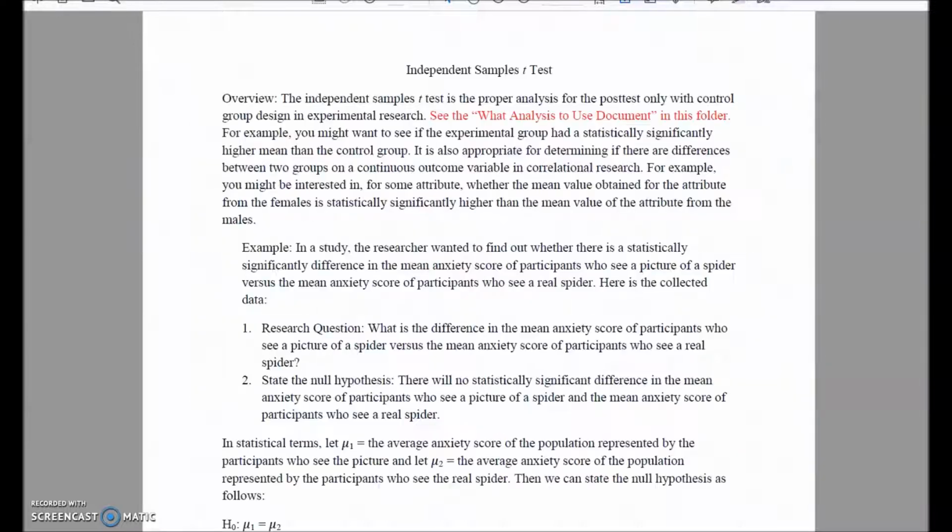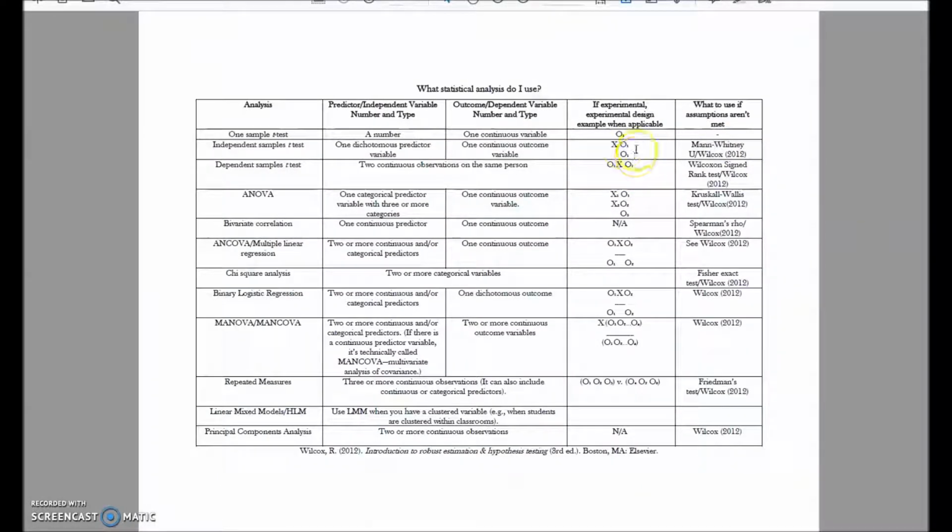So in this case, we are seeing whether the researcher sees a difference in the anxiety scores of participants when they see a picture of a spider versus when they actually see a real spider. You can think about this as a control group and an experimental group.